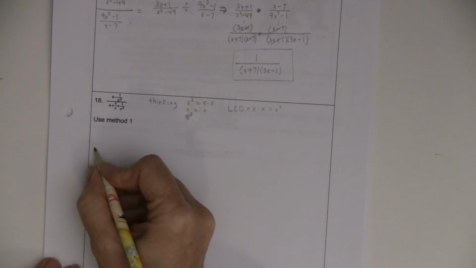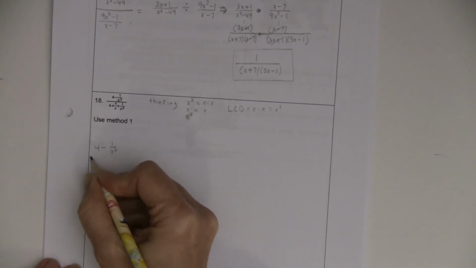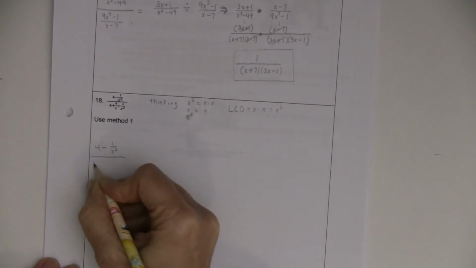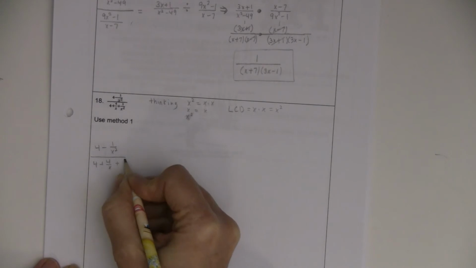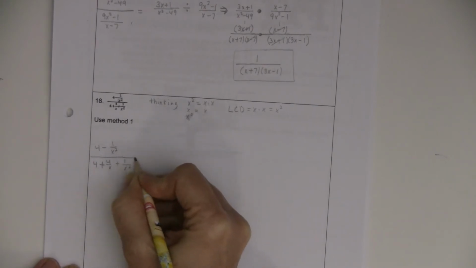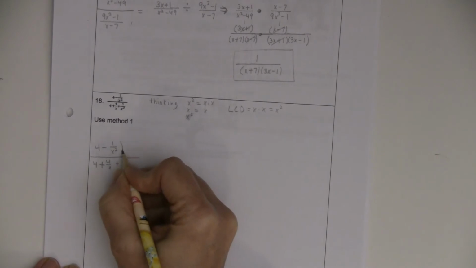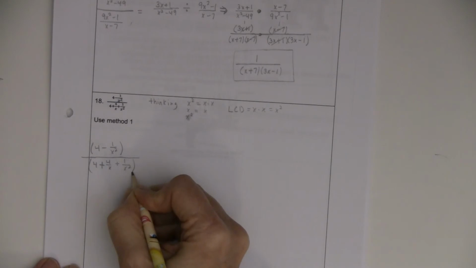And so what we're going to be doing here, we have 4 minus 1 over x squared. That's what we had. And 4 plus 4 over x plus 1 over x squared. And we're going to be multiplying this top by the lowest common denominator and also this bottom by the lowest common denominator.